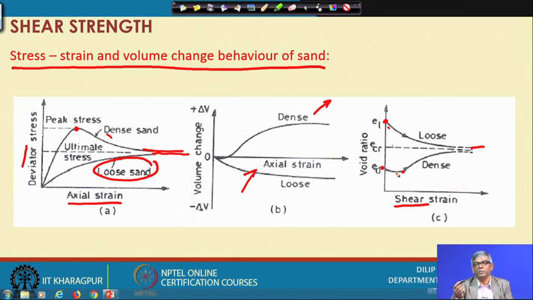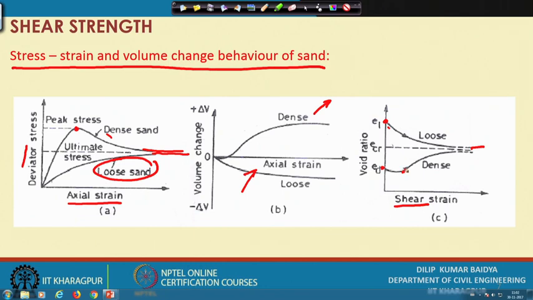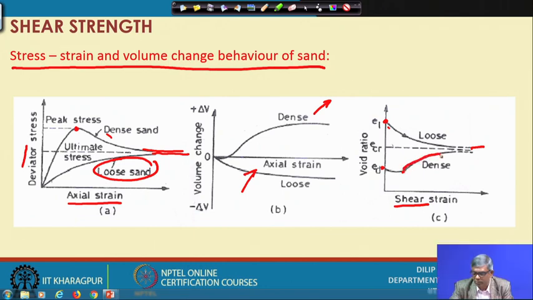When the volume increases, the void ratio again increases. So there is an upward movement of the void ratio plot, and finally it will reach a constant value. Whatever value loose sand reached at a large strain, dense sand also at a large strain will reach, and that stable value is nothing but the critical void ratio.